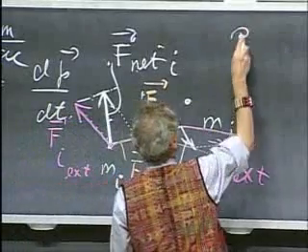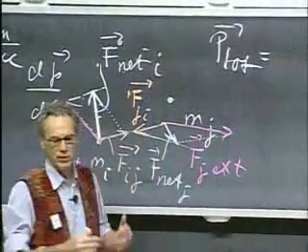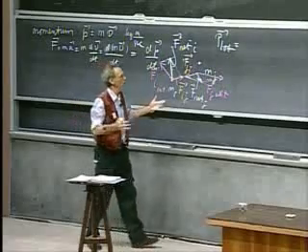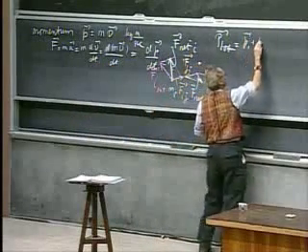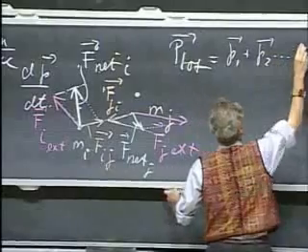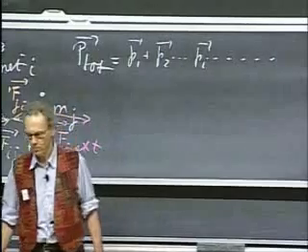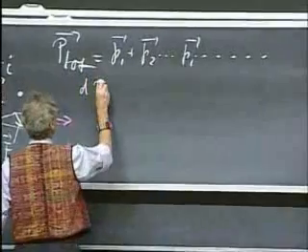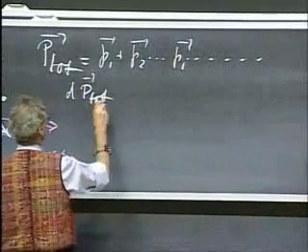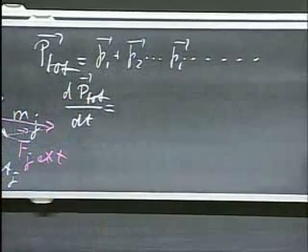What is the total momentum of these zillions of particles? Well, that's the sum of the individual momenta. So that is p1 plus p2 plus pi, and you have to add them all up. I take the derivative of this, dp total/dt, that is dp1/dt. Well, that's the force on number 1.